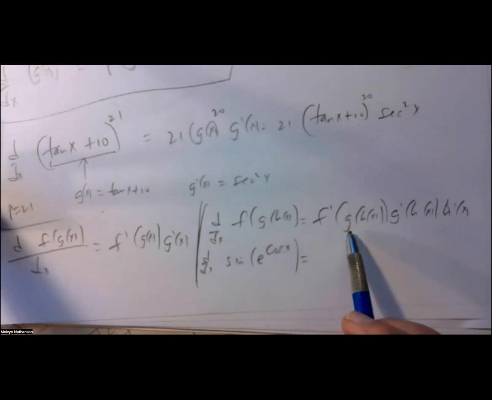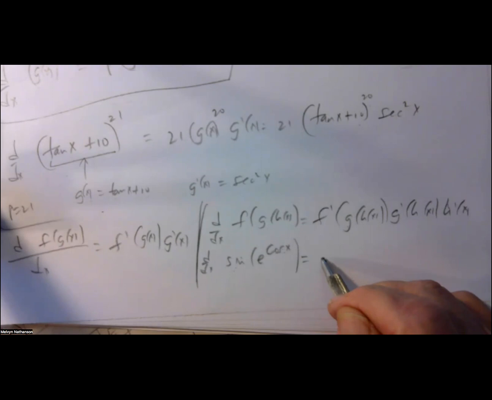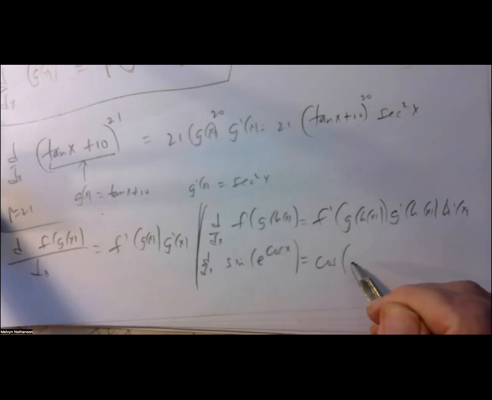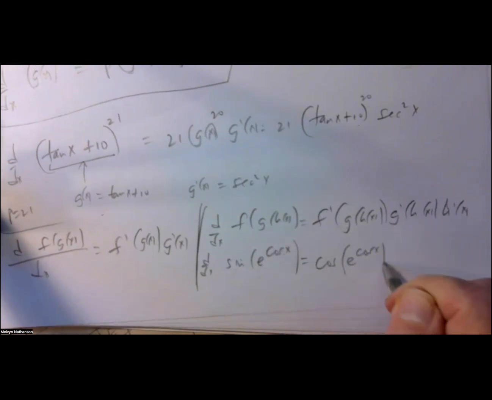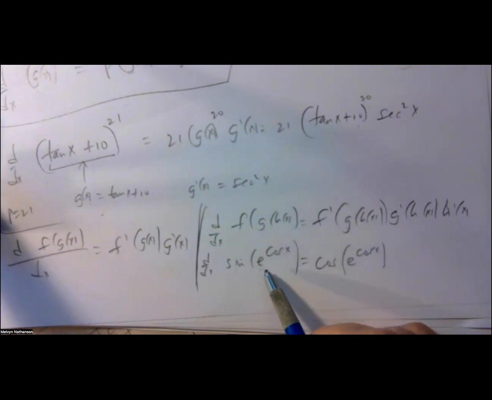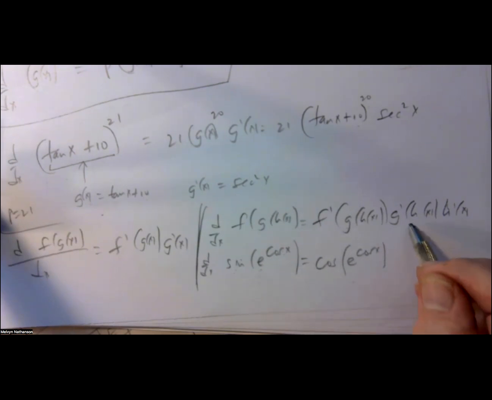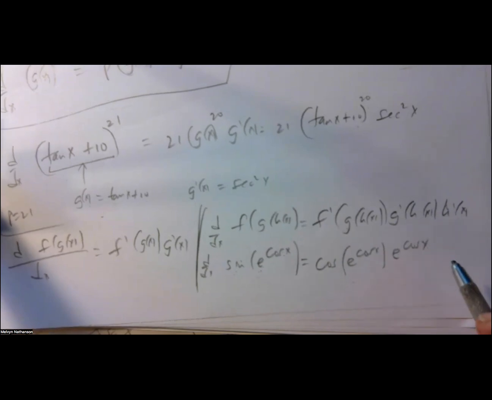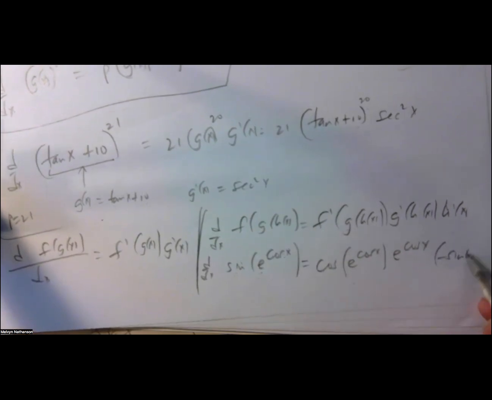So by this iterated chain rule, this is the derivative of the sine, which is the cosine evaluated at e to the cosine of x, times the derivative of e to the h, which is e to the cosine of x, times the derivative of the cosine, which is minus the sine.